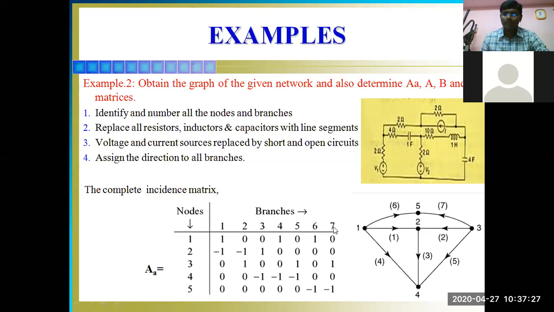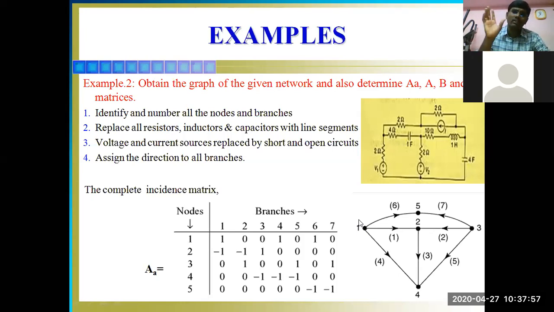So you first place 1, 2, 3, 4, 5 for the nodes and 1, 2, 3, 4, 5, 6, 7 for the branches. Now come to each node. How many elements are connected to the first node? For the first node, 3 elements are connected: 1, 4, 6. When a branch is away from node 1, it should be plus 1. When it is into node 1, it should be minus 1.